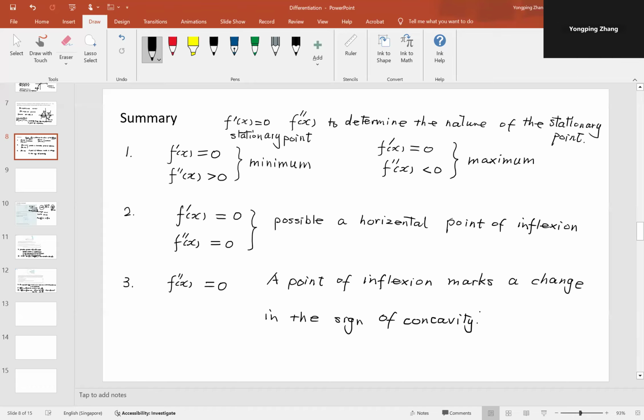A point of inflection marks a change in the sign of the concavity, for example from concave down to concave up.